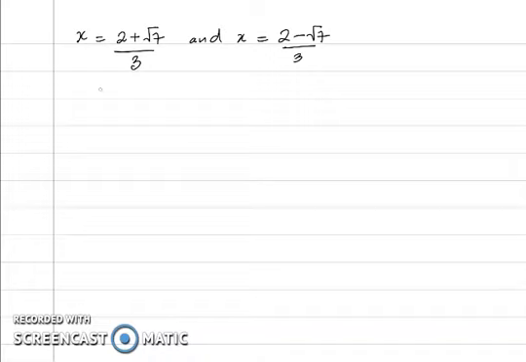So this is x approximately equal to 1.5, and this is x approximately equal to minus 0.6. So I have the values of x at the turning point. I need to get the values of y.